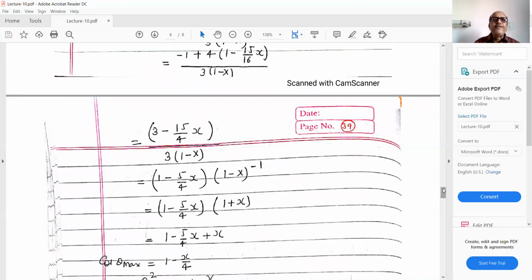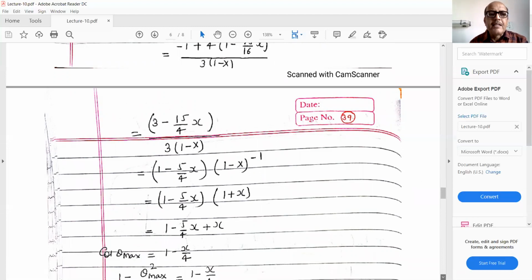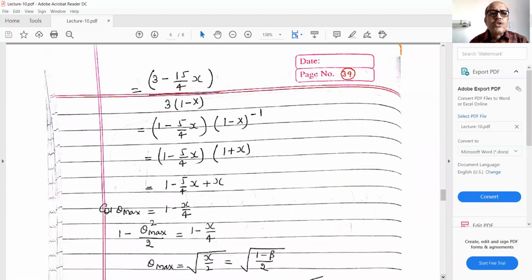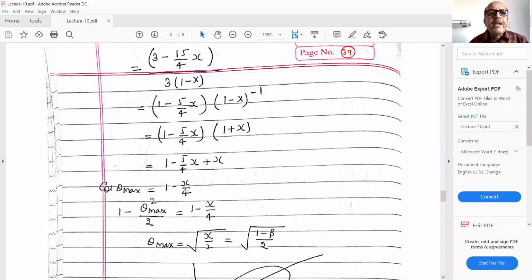So 3 minus 15 upon 4 x divided by 3 becomes 1 minus 5 upon 4 into x, and (1 minus x) to the power minus 1 becomes now 1 plus x. So if you multiply these terms, retaining the terms up to x only, and ignoring all other terms of higher power because x is much smaller than 1, then we are left with 1 minus x upon 4.